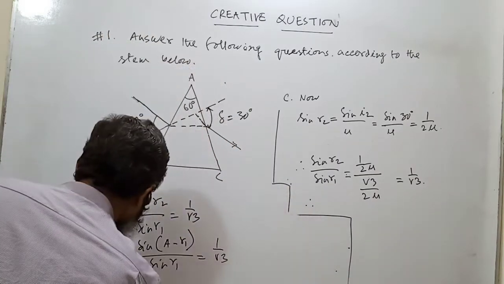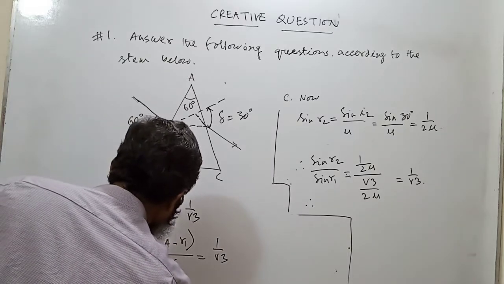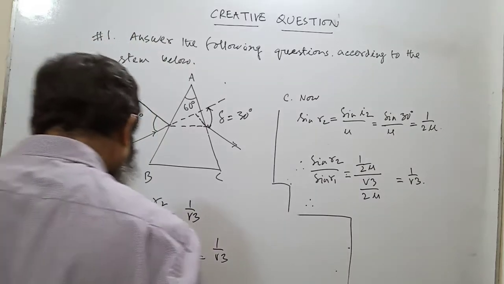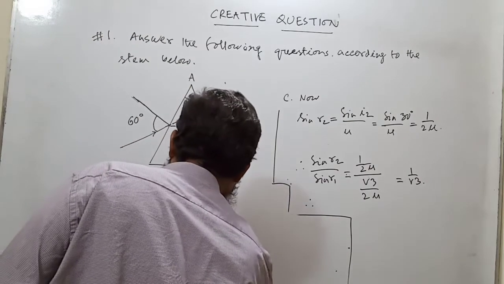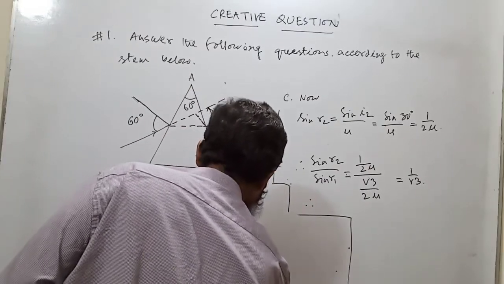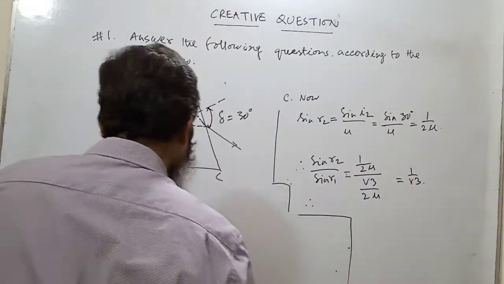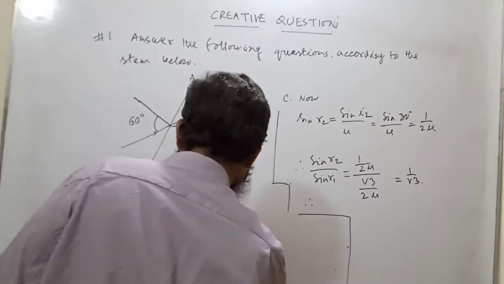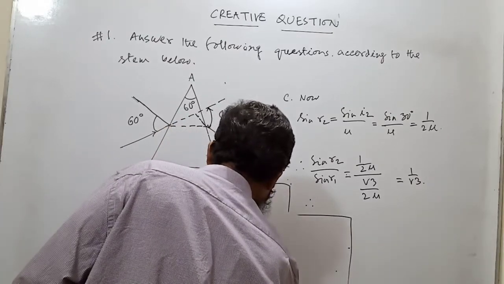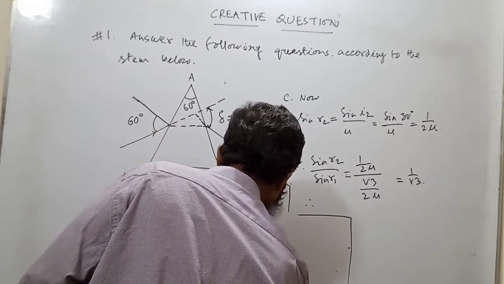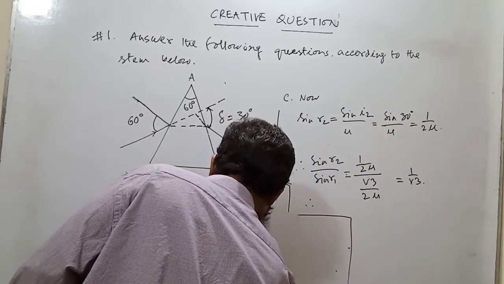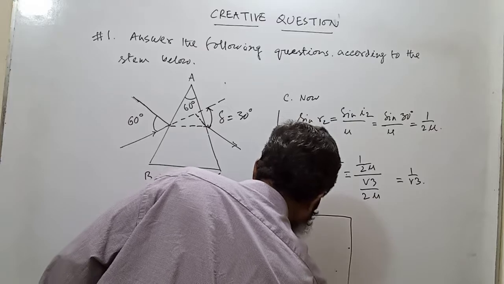If we break this, simplify this, then sin A cos R1 minus cos A sin R1 by sin R1 is equal to 1 upon root 3.